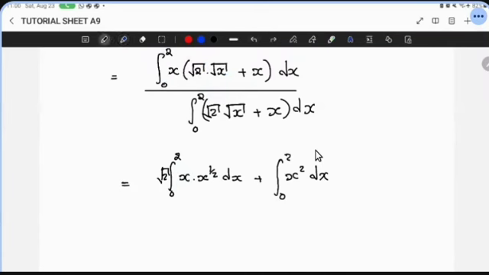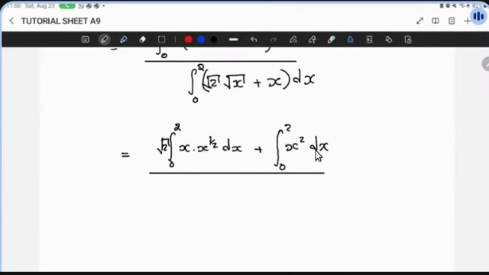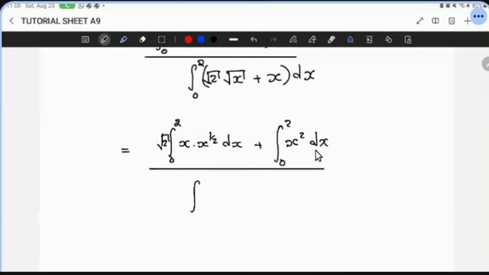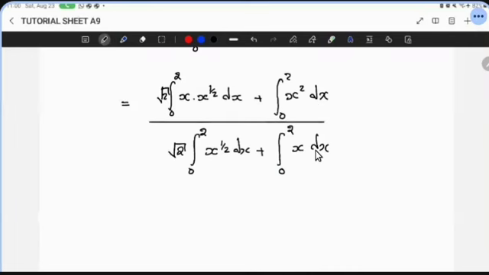In the denominator, I can also distribute the integral sign. From 0 to 2, the root 2 can come outside. So this is just the integral of x to the power half dx, then plus the integral from 0 to 2 of x dx. This x times x to the power half can be seen, same base, just add the powers.